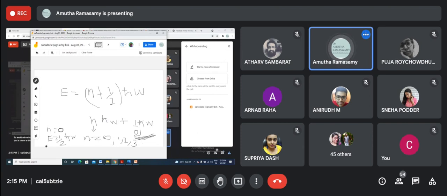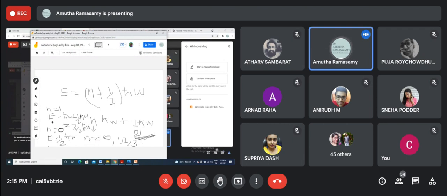When N is equal to 1, then E is equal to H cross omega plus half of H cross omega, that is 3 by 2 H cross omega.